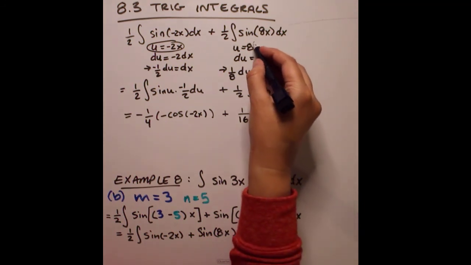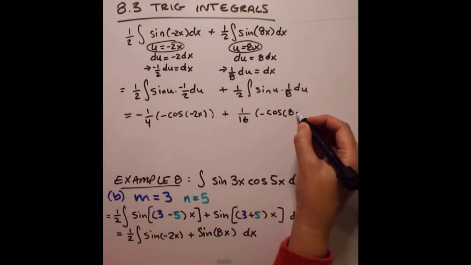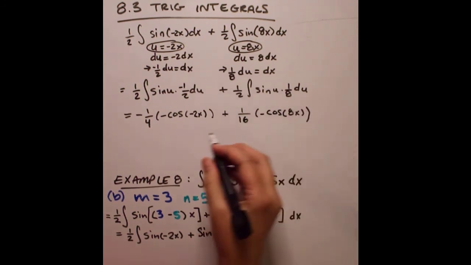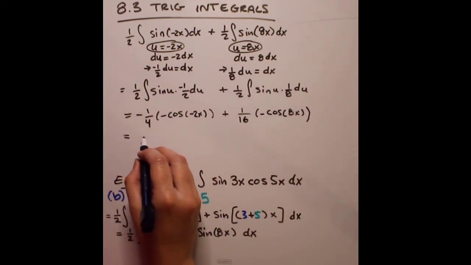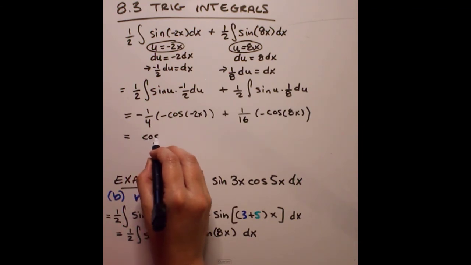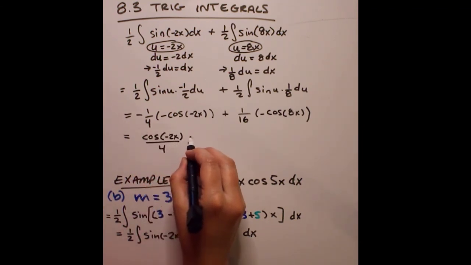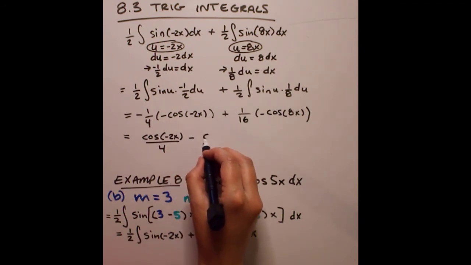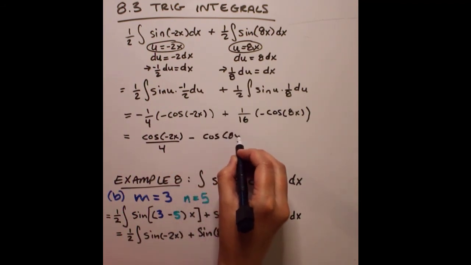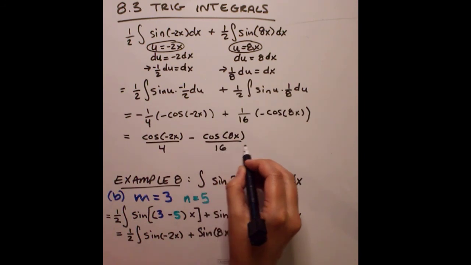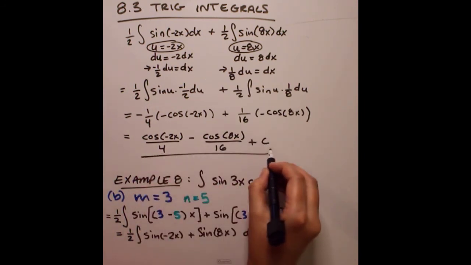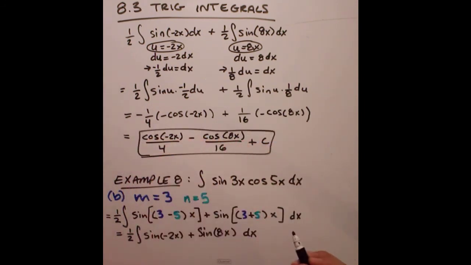In this one, u was 8x. And let's make this look a tiny bit better. This is cosine of negative 2x over 4 minus cosine 8x over 16 plus c. Final answer, and we did it.